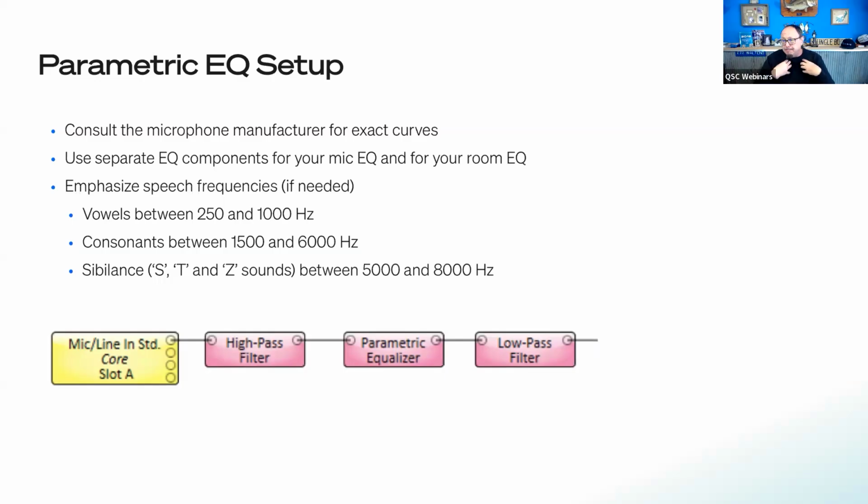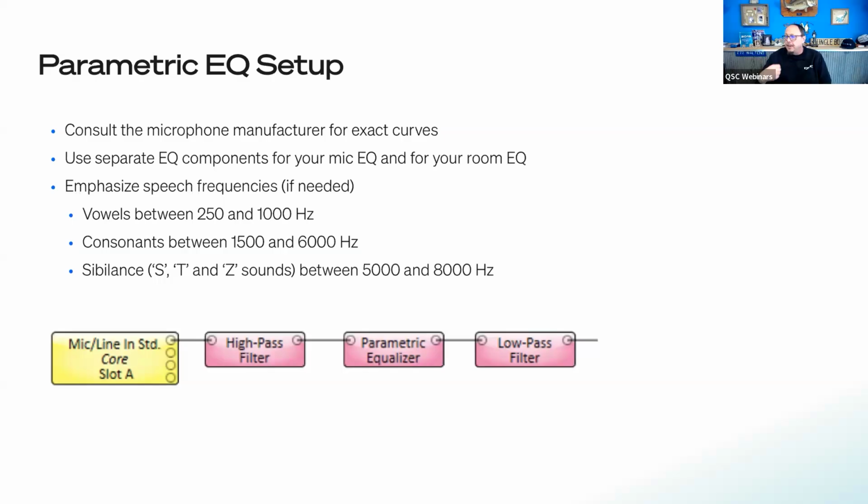Your consonants are between 1,500 and 6,000 hertz. Side note: if you're doing a sound masking system, it should typically live somewhere in the 1,500 to 6,000 range. Everybody has different methods, like a blend of white and pink noise. But essentially, you're just trying to soften those hard consonants so that people can't understand what's being said.